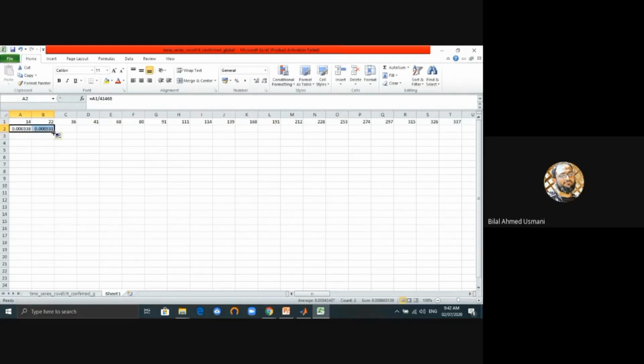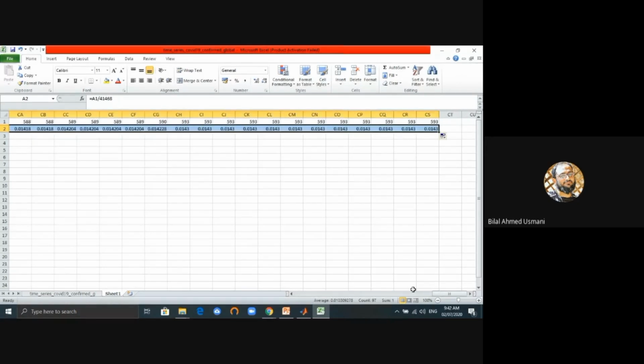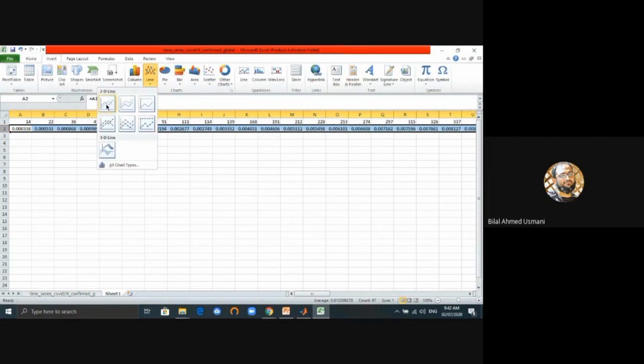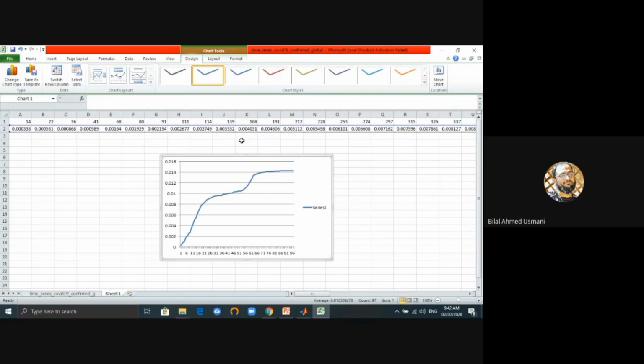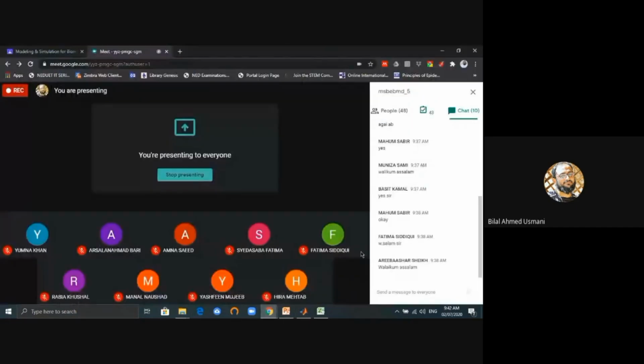So if I just drag it like that, dividing by 41468 till the very end, then it would be a probability distribution function. In this case, it is a CDF. So you can see that the scale is now between 0 and 0.016, and it would show the cumulative distribution, or the sum of all the probabilities.